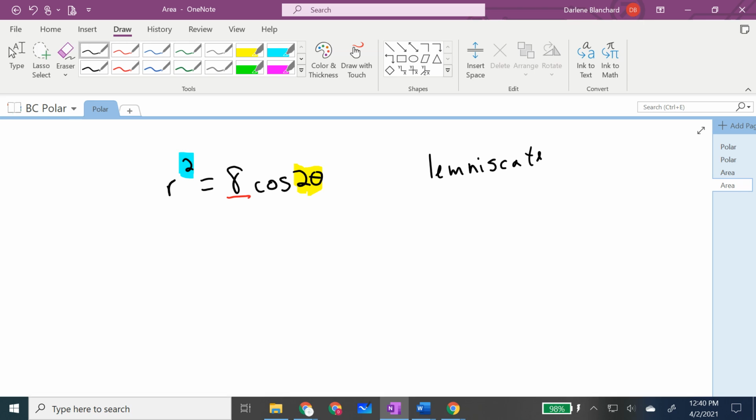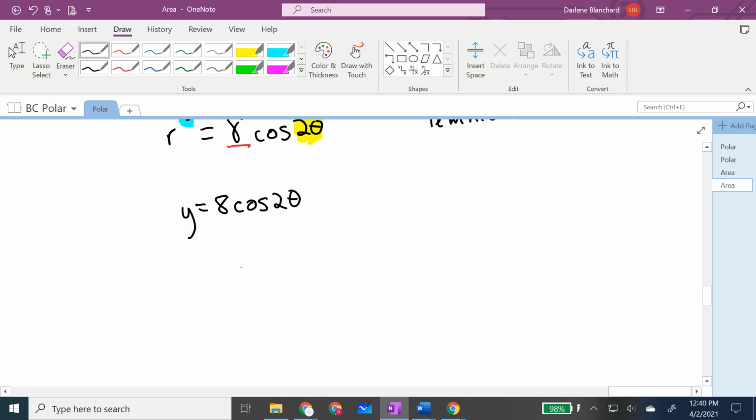So what I do is I turn this into, ignoring that it's r squared. I find that I can deal with this best if I temporarily ignore the r squared and just graph my Cartesian thing.